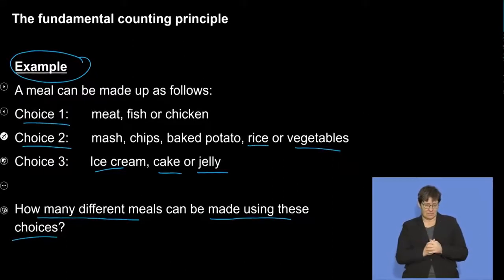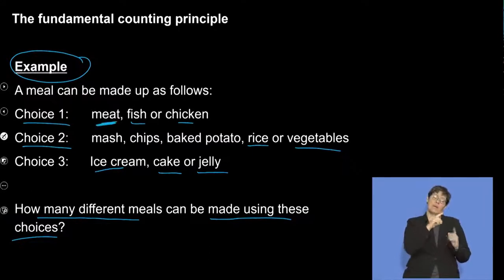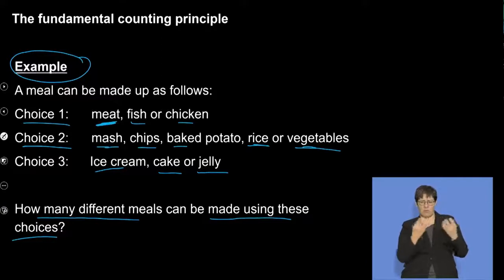Okay, fantastic. So the previous one, I could do that from my head because I only had choice 1 and choice 2. And choice 1, you had just 3 choices. How we got that 15, I could have done this and said meat can go with mash, chips, baked potatoes, rice, and vegetable. So meat has how many combinations? 1, 2, 3, 4, 5. So meat, I can choose 5.